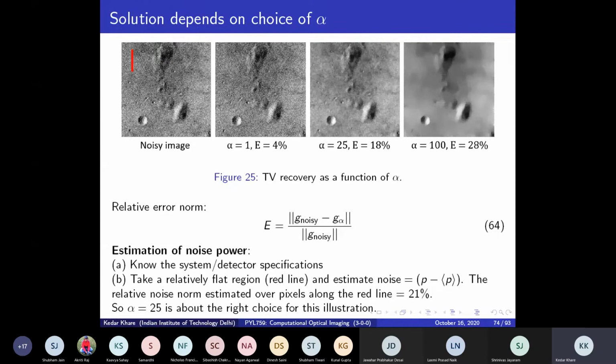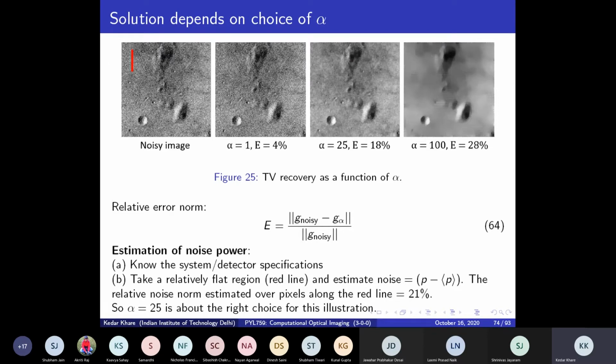I can look at the norm of the noise for these pixels and divide by the norm of the image values for these pixels. Here I see that this ratio for the noise norm is about 21%, which I can say is close to the alpha equal to 25 performance. And if it is close, then I can safely take that alpha as my choice of alpha.